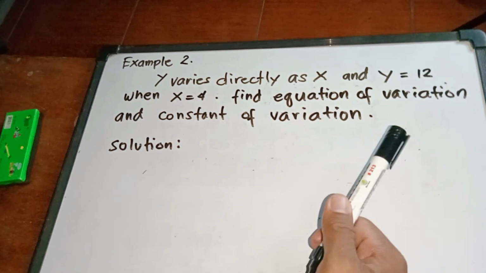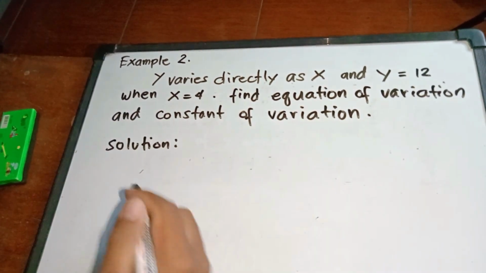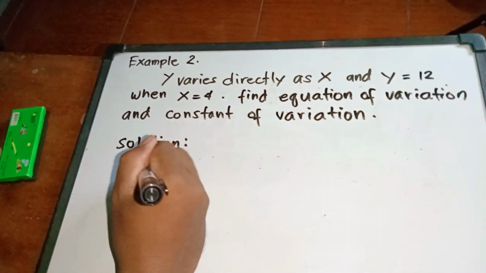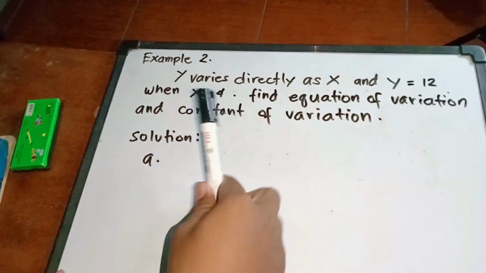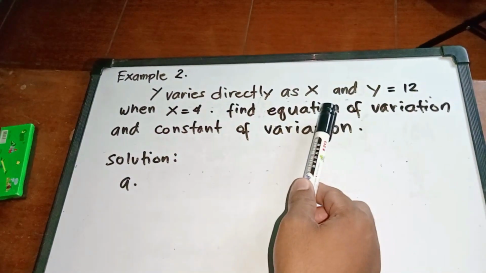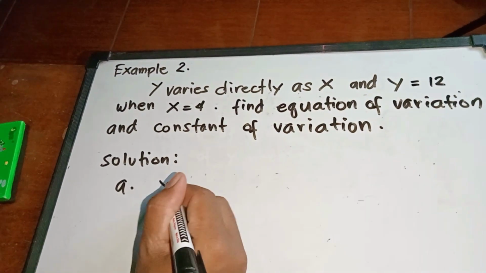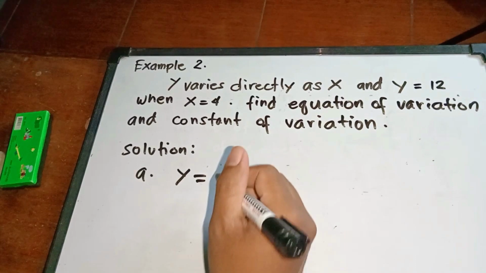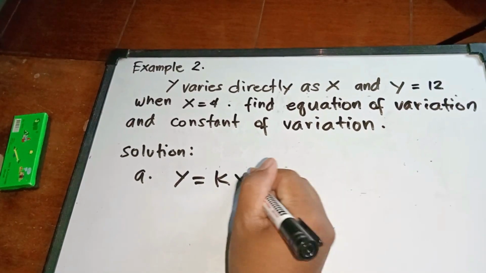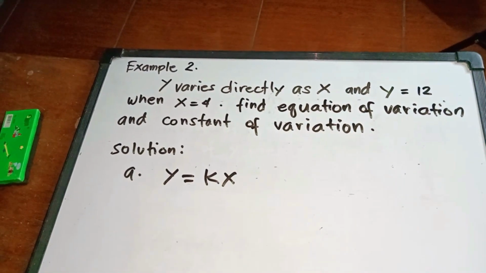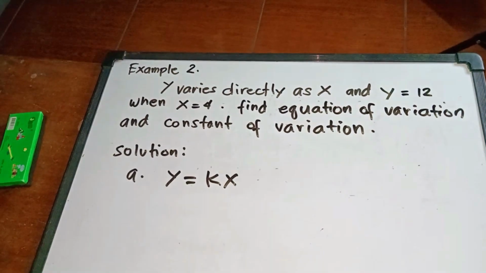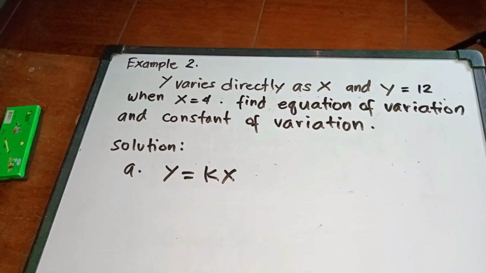So, hinahanap natin yung equation ng variation. So, sabihin natin this is A. So, solution letter A. So, sabi ron, y varies directly as x. Ibig sabihin, katulad ng sabi natin kanina, y equals kx.